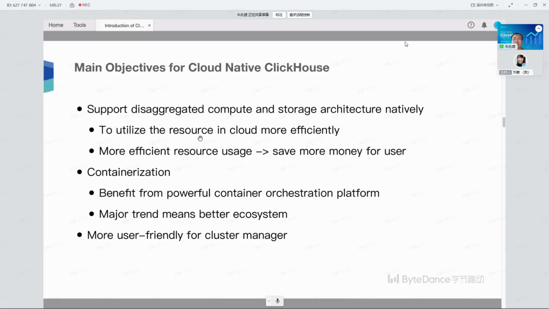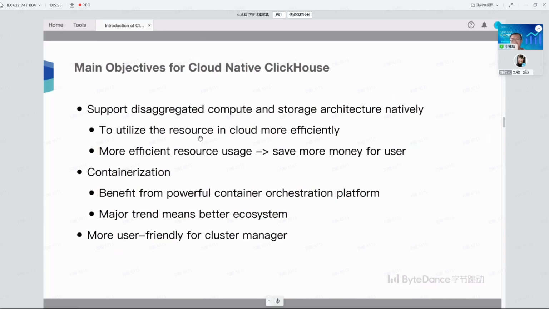A major trend always means a better ecosystem. Imagine if we want to extend our system to different cloud providers, like Amazon or Azure, we don't need to care about the lower level environment of this system. And if Kubernetes is standard, then we can easily extend our system to different environments.